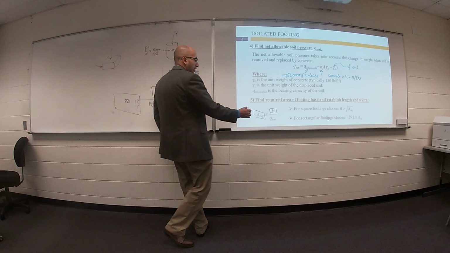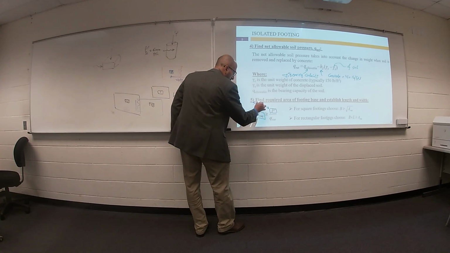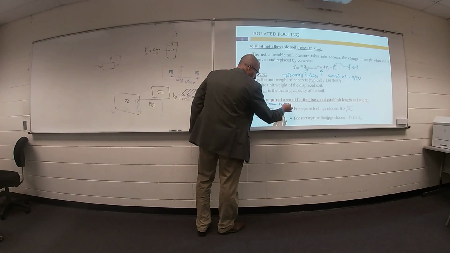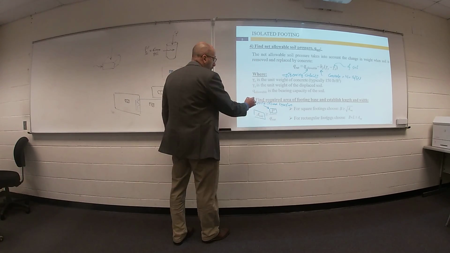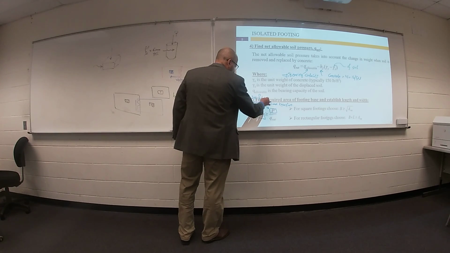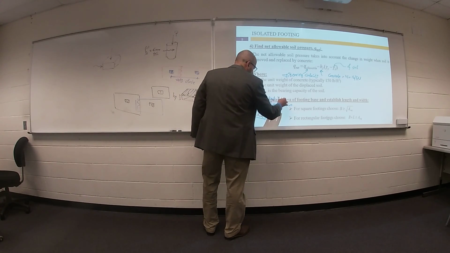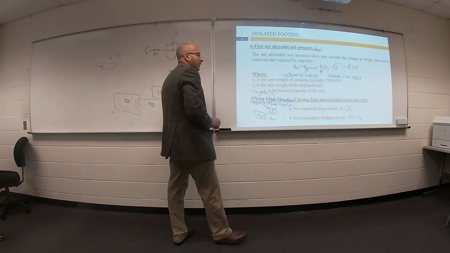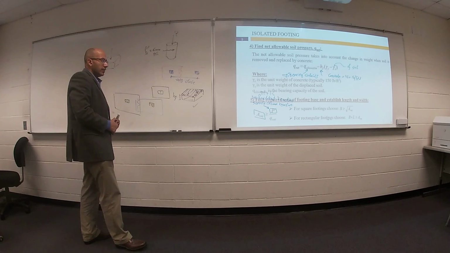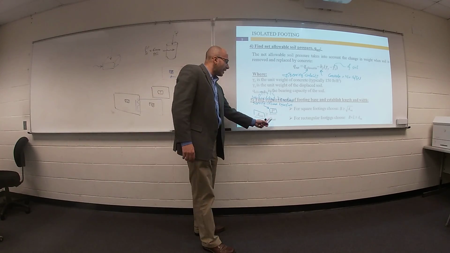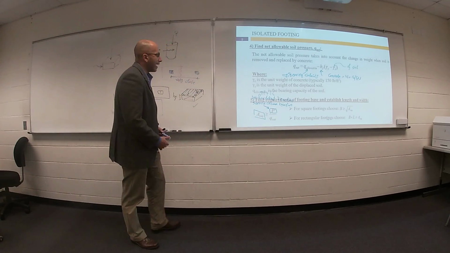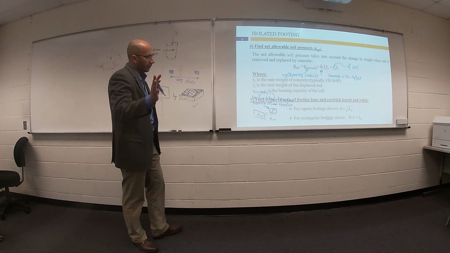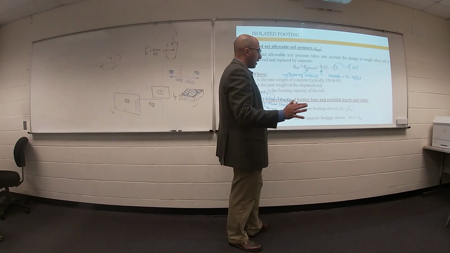P is the surface column reaction without any factor, not the factored reaction, or dead load plus live load without any factor, divided by q net. That tells you the area required. So we have two situations.